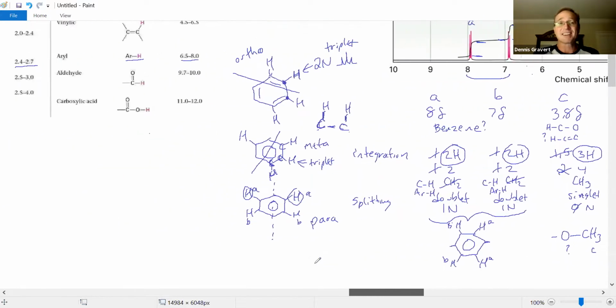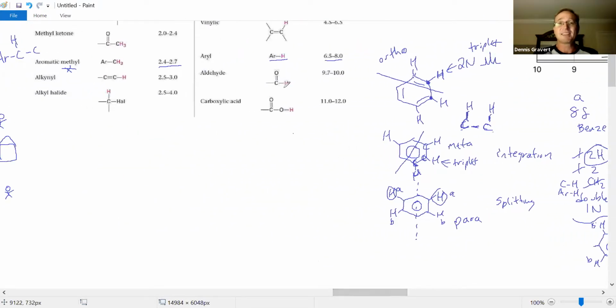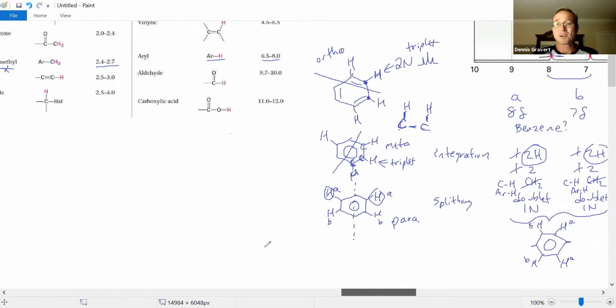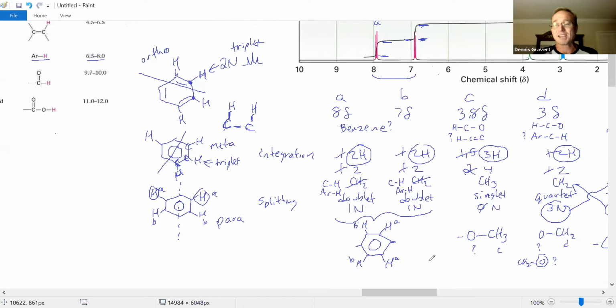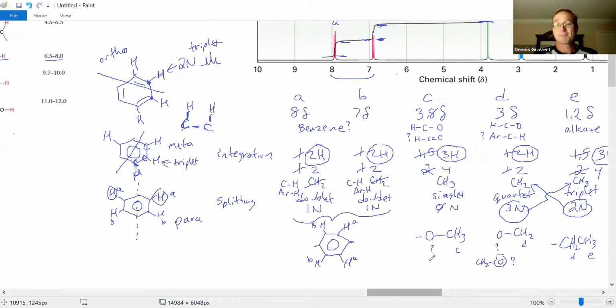So that's the other idea, is that maybe it's a double bond O and it's not a hydrogen on that double bond O because that'll be a position 10-ish. So maybe it's a ketone neighboring hydrogens around 2 to 2.4. And I know this is at 3, but let's be flexible. Maybe.